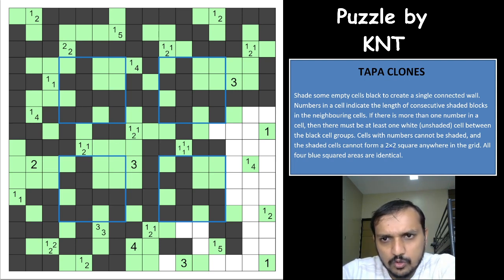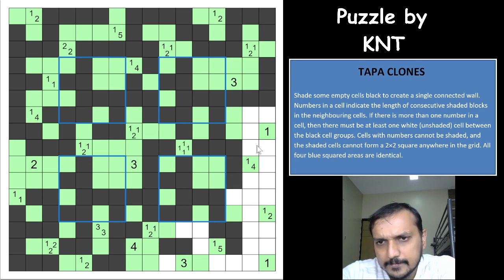Now this whole group has to come out not using this but using this. Okay. If this is unshaded, it cannot come out using this. So this is shaded. This has to come out using this. You cannot have one shaded cell for the 1 clue in the 1/4 clue here because it cannot come out. So this is unshaded.